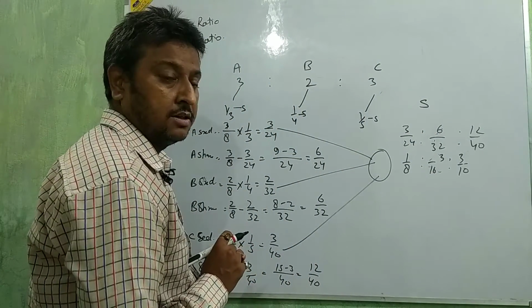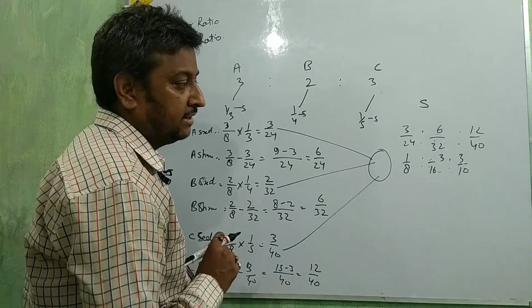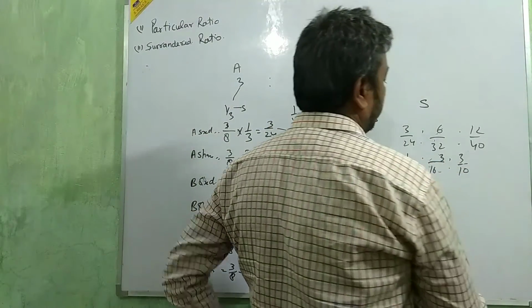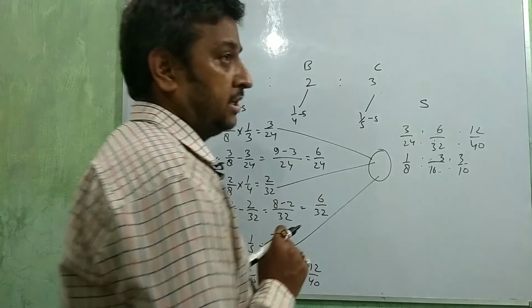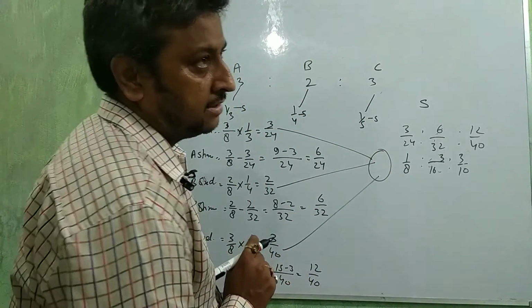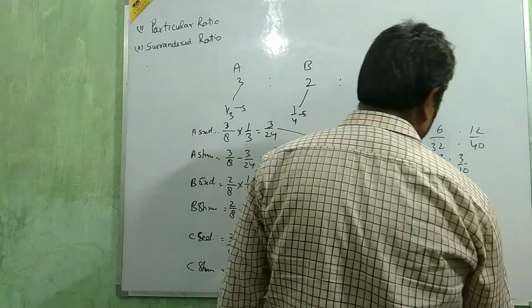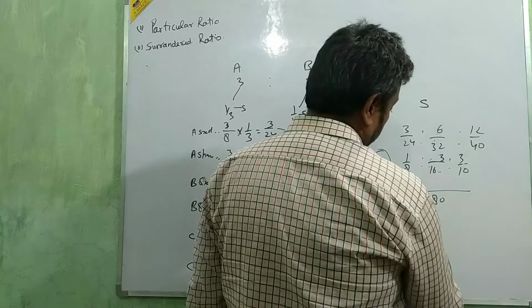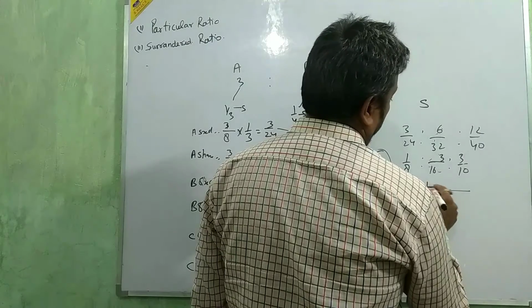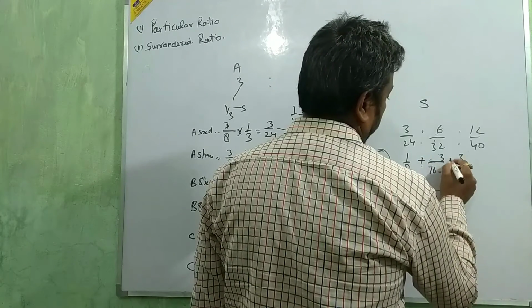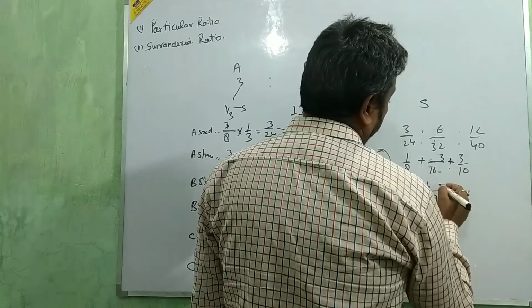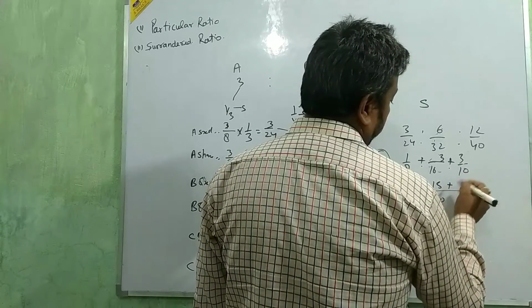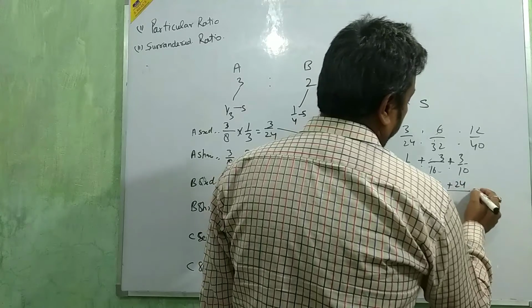3/16, 3/8 and 3/10. 16 fives are 80. Take the 80. 5 into 3, 15, plus 10 times 3, plus 8 into 3, 24.